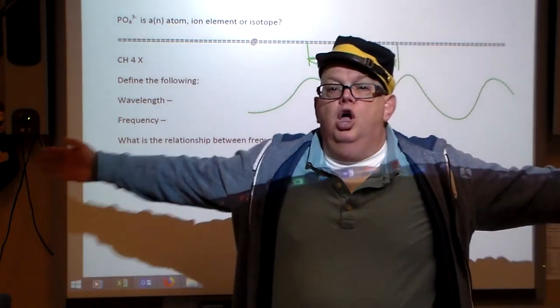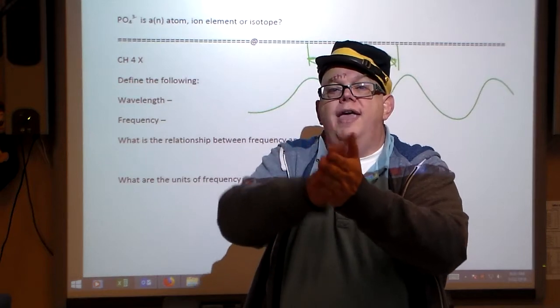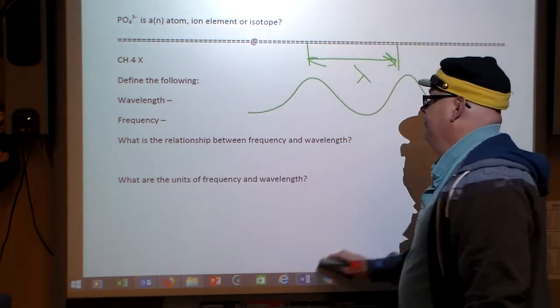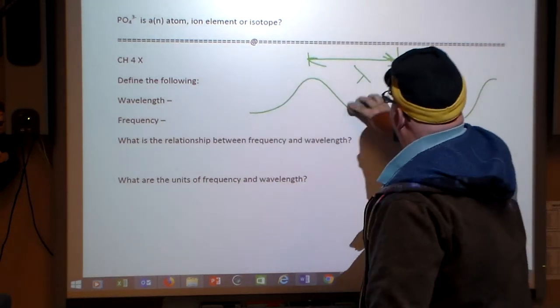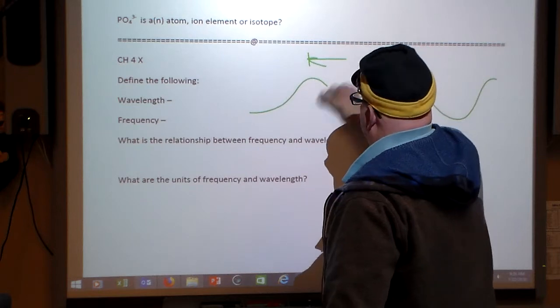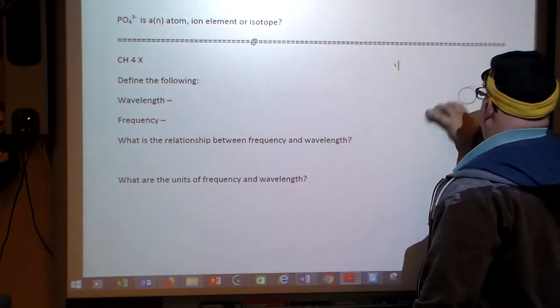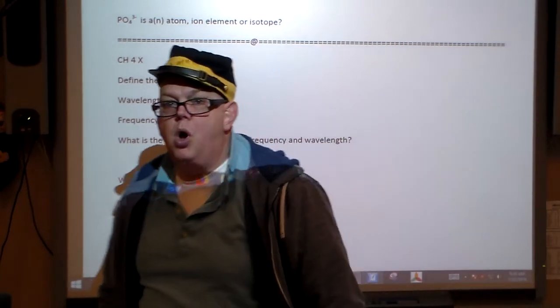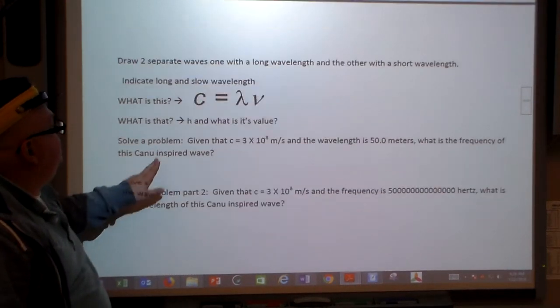So long wavelength, low frequency. Short wavelength, high frequency. You guys might remember that. Units of frequency and wavelength: think meters for wavelength. And for frequency, it's the hertz, or 1/seconds.